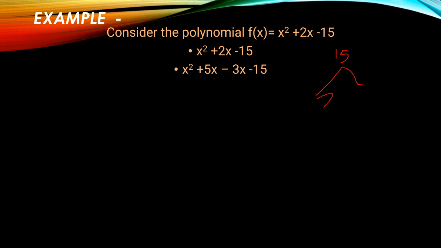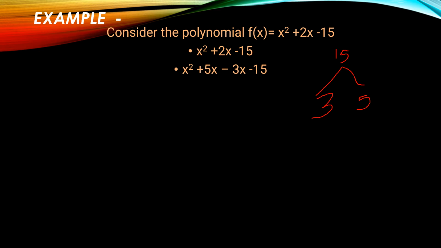We will choose those factors which give a difference of 2, as the sign before 15, the constant term, is negative. Considering this sign, we will subtract the factors and choose those which give 2, the coefficient of x.